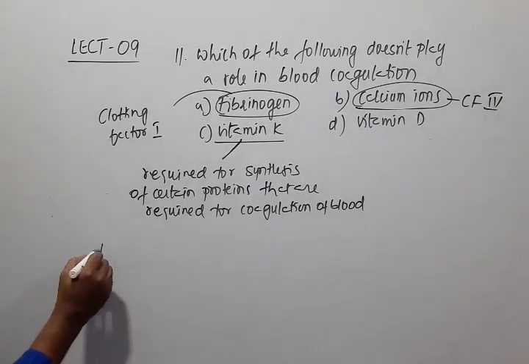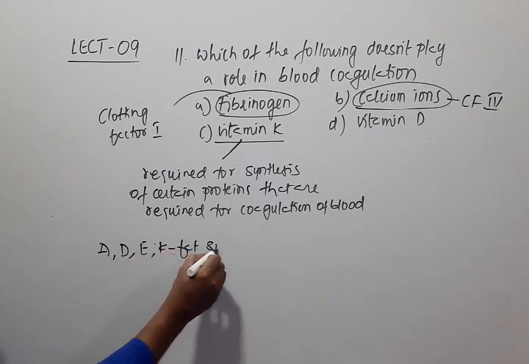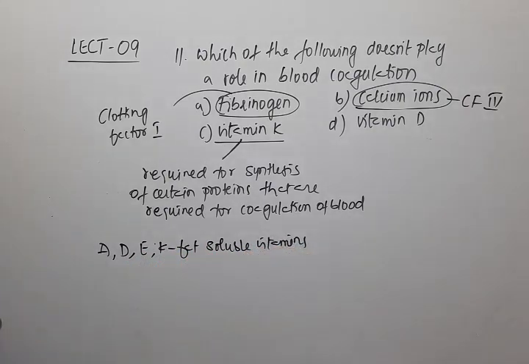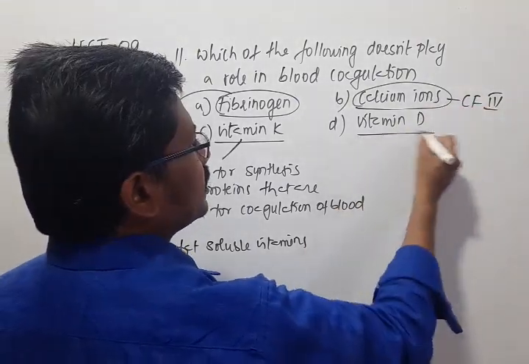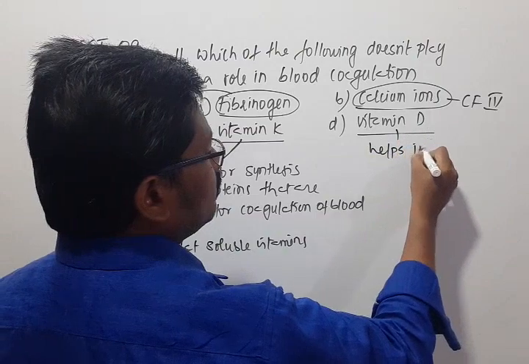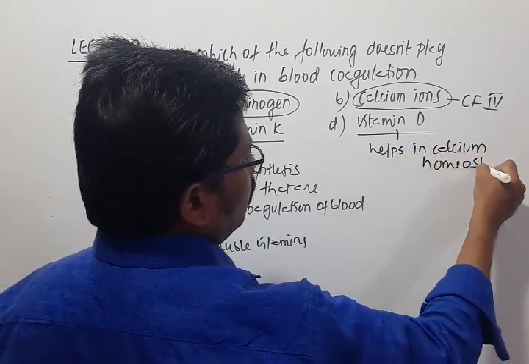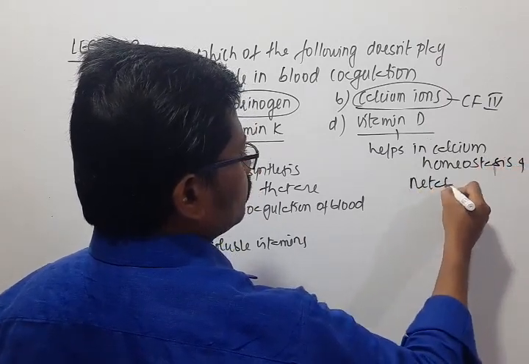Here we know A, D, E, K are the fat soluble vitamins, right? And coming to vitamin D, it helps in calcium homeostasis and metabolism.